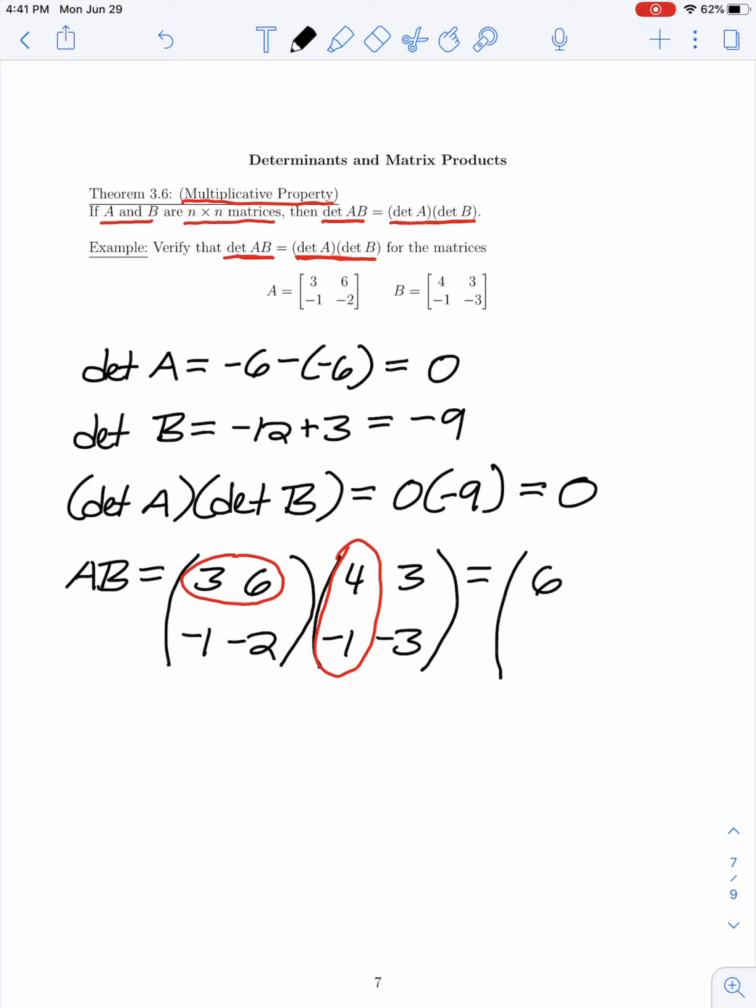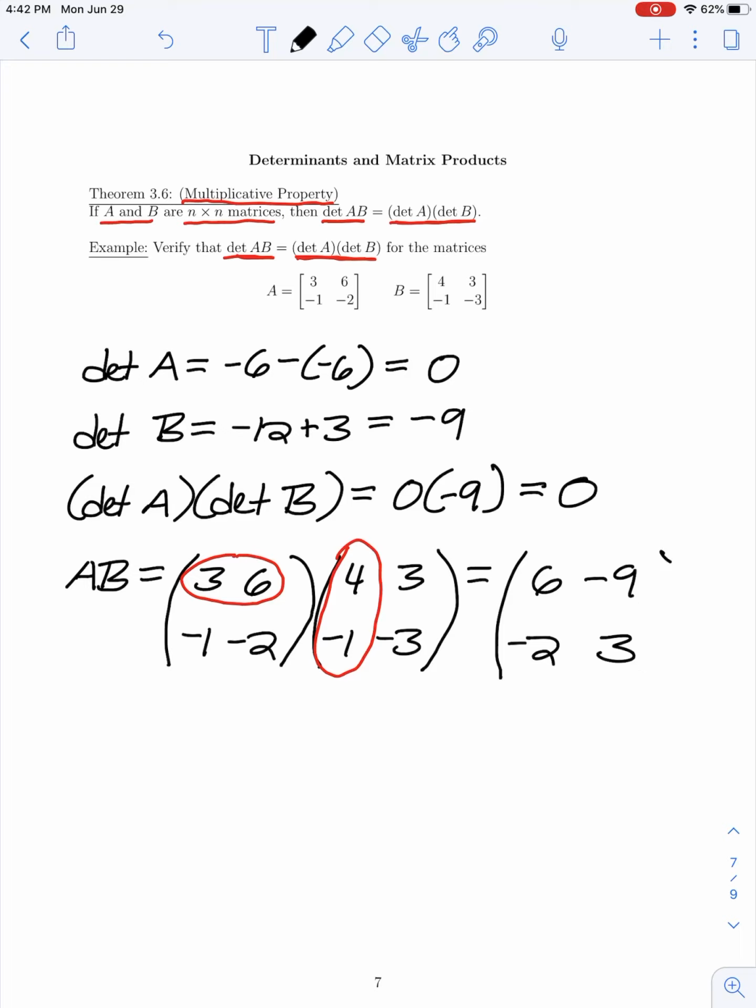For the first row, second column, we have 9 minus 18, so negative 9. For our second row, first column, we have negative 4 plus 2, or negative 2. And for our second row, second column, we have minus 3 plus 6.